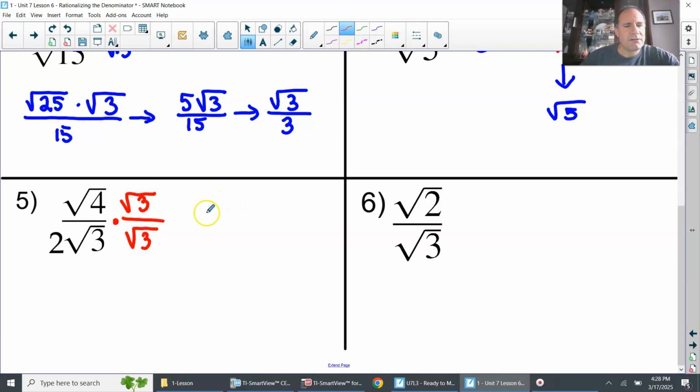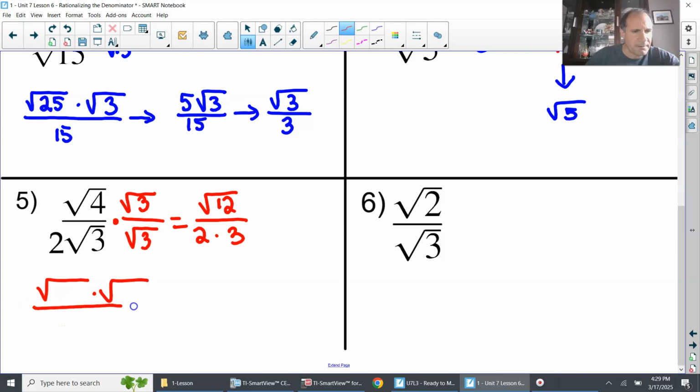So for radical 3, we're just going to put that as square root of 12 over 2 times 3. And we're going to put that down here. Square root of 12 can be written as a perfect square and a non-perfect square. That's all over 6, 2 times 3. The perfect square that goes into 12 is 4, radical 3.